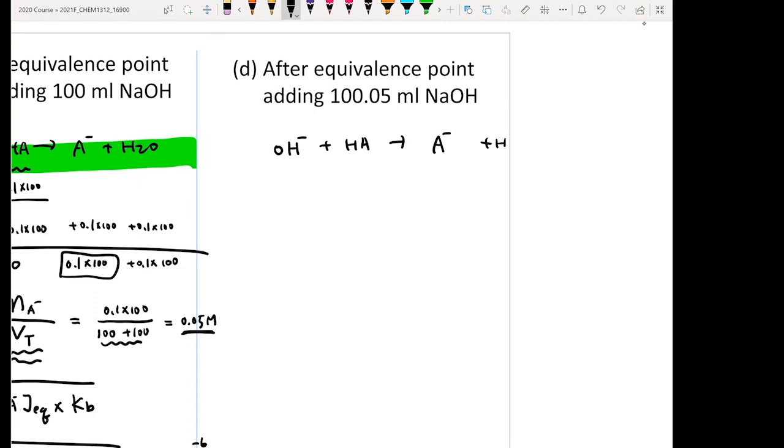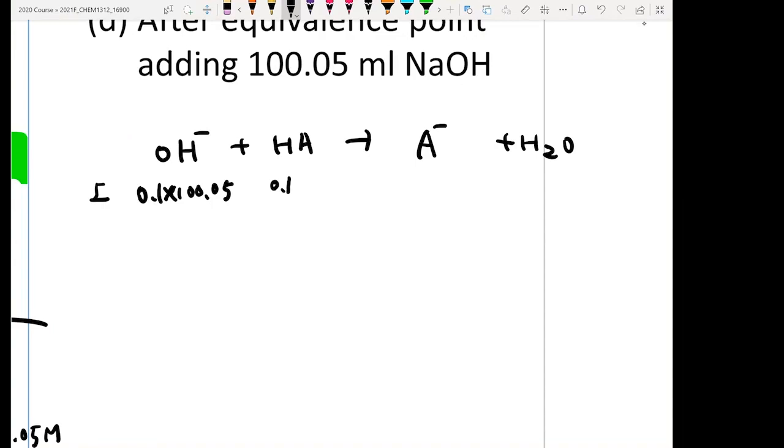In the beginning, you have 0.1 M times 100.05 for your OH minus. For your HA it's 0.1 times 100. So at this time, the HA will be the limiting reagent, right? So your weak acid will be fully consumed by your titrant.